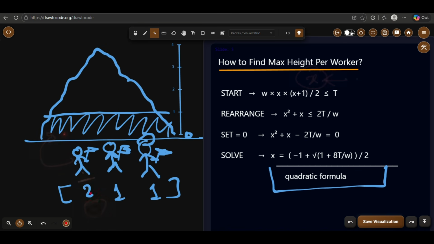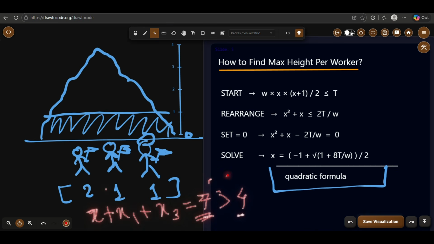So we will get the first worker's chopped height x1, the second worker's chopped height x2, and the third worker's chopped height x3. Adding these, if the sum is greater than or equal to the mountain height, suppose it comes as 7 and the mountain height is 4, then it is possible that we can chop the mountain in T time.